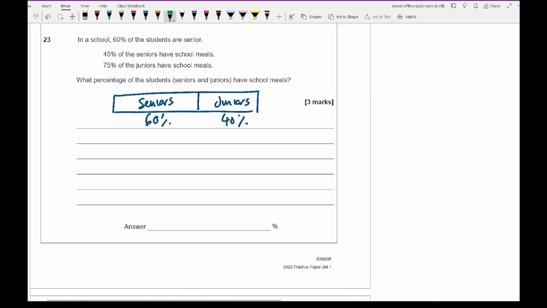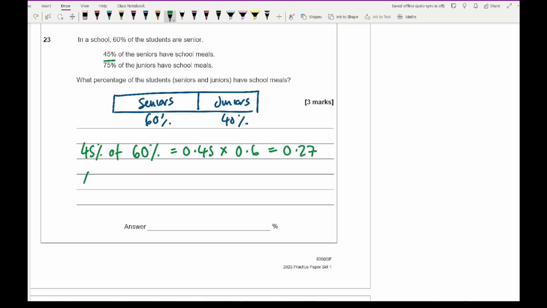So out of these seniors I want 45%, so I want to work out 45% of 60%. And so if I type in 0.45 times 0.6, I get 0.27.